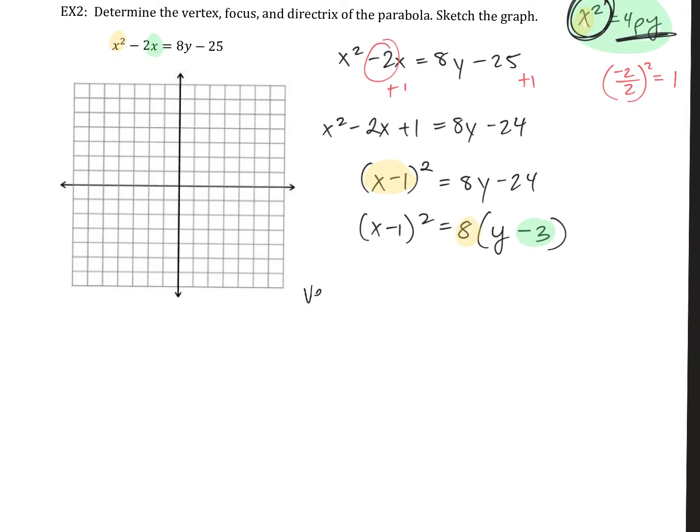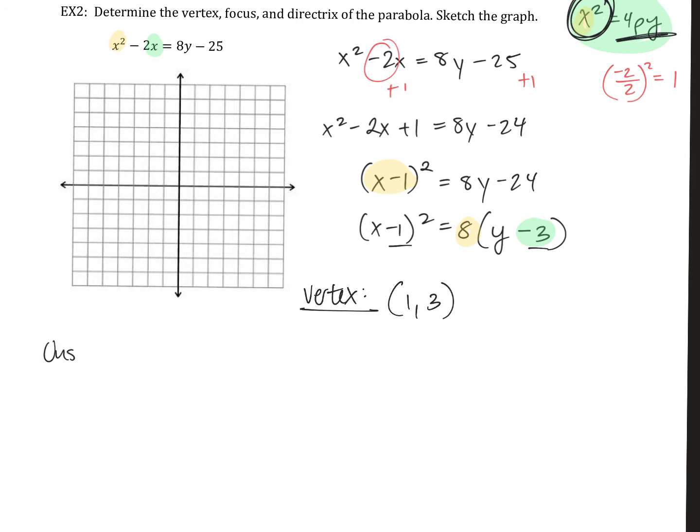So what would our vertex be? Well, that's just going to be taken from the center values, right here and right here, so that'll be at 1, 3. Next, we need to figure out our p-value so we can find our focus and directrix. So we'll go ahead and find the original one using the original formula, and then we'll find it when it's been shifted.